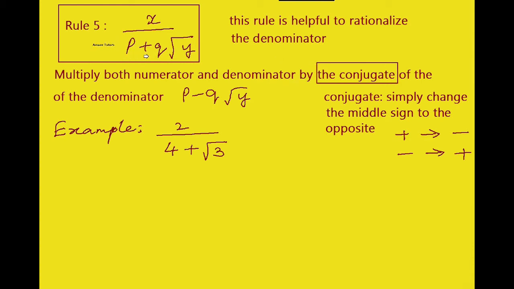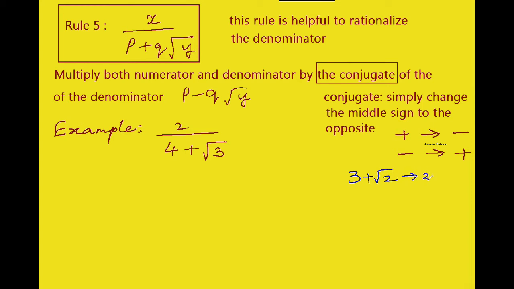In such questions, conjugate, you might have heard about it. Let me tell you one more time. Conjugate, you're going to simply change the middle sign to the opposite sign. If it is plus, the opposite sign is minus. If it is minus, you're going to change it to plus. Examples, let me use a different color. 3 plus root 2.